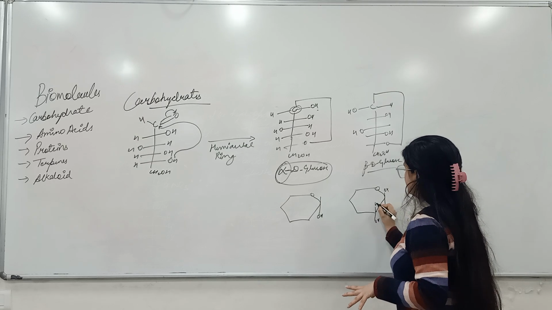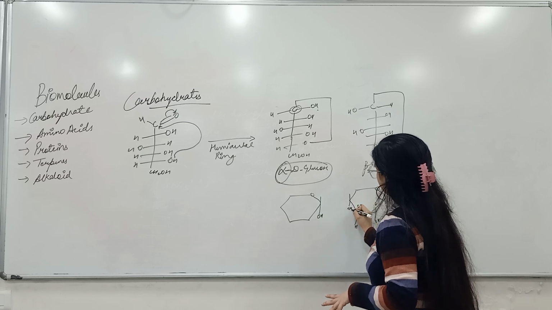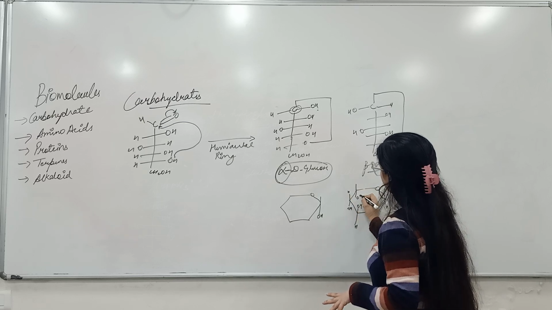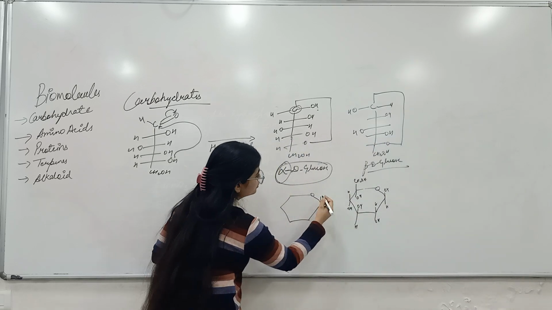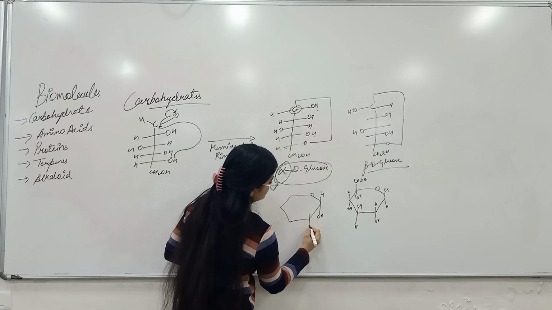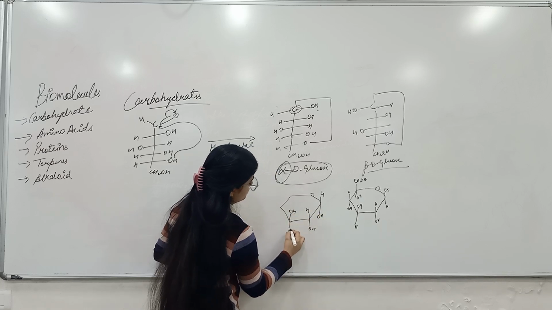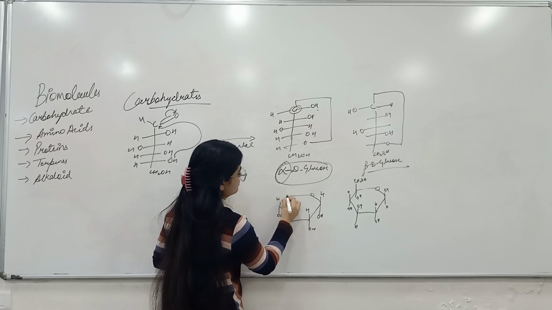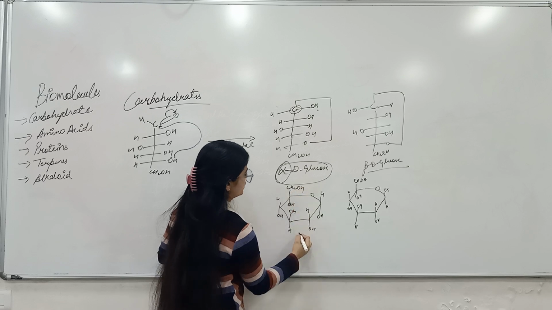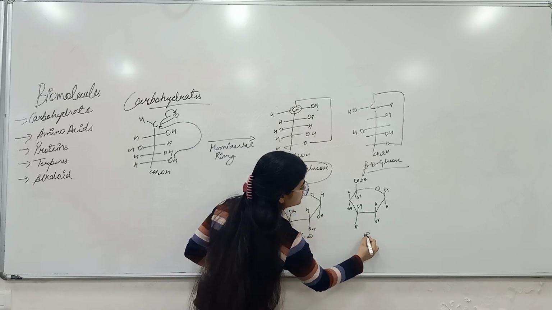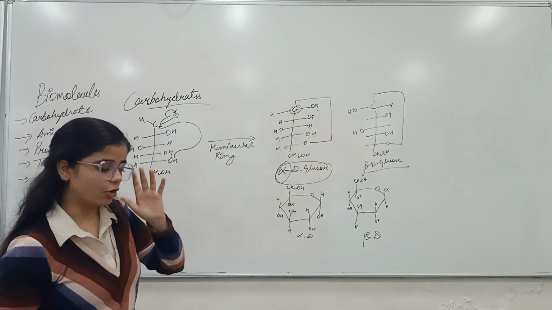Other notations will be the same. CH2OH. So here also this is alpha D and this is beta D. So this is how a glycosidic bond is formed.